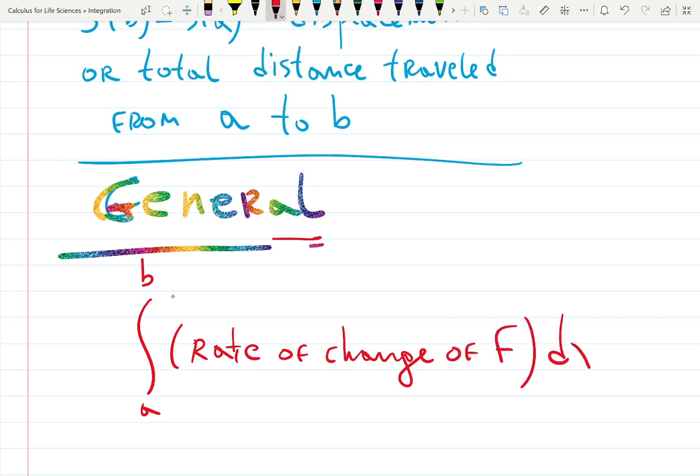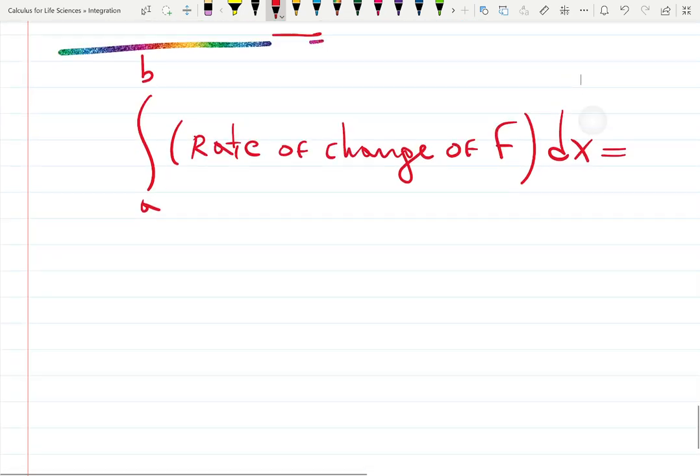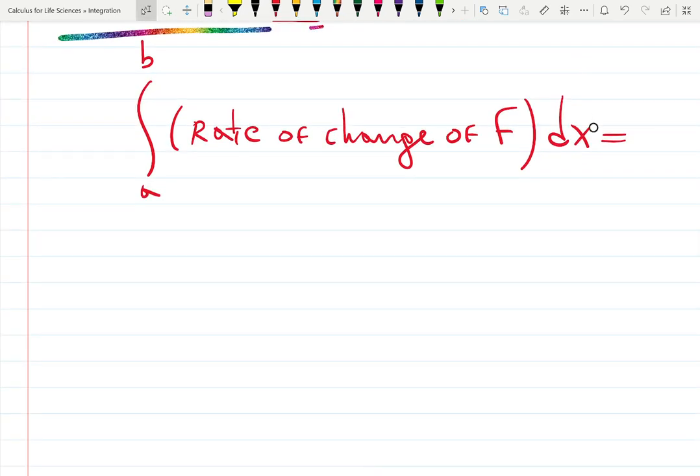That's what I told you many times. That should be your trigger or synonym of the derivative. It is going to be F plug the top minus F plug the bottom, which is basically the total change in F from A to B.